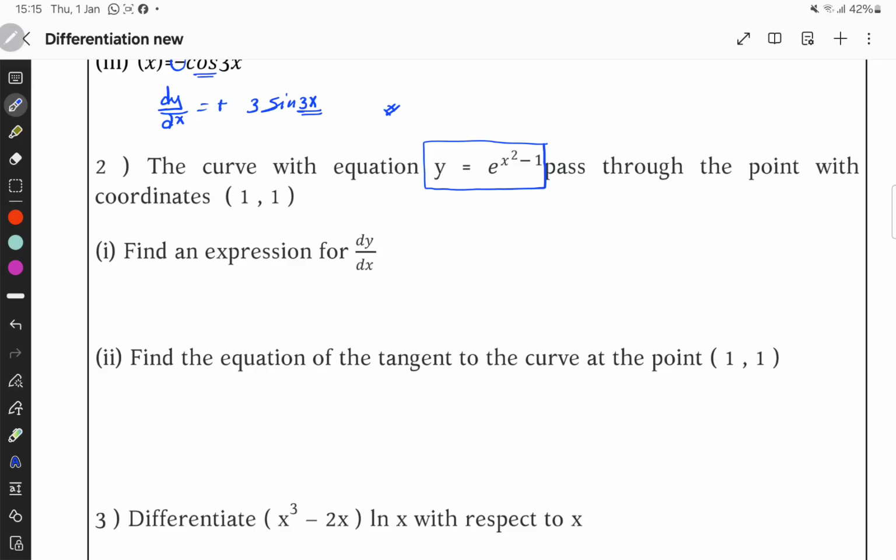It's an exponential function. And I told everyone before differentiating, you should rewrite the question to look like the formula. It's e to the power, no problem. So dy over dx, we know that for any function involving e, we just copy and paste. Then differentiate the power. The derivative of x squared will be 2x.